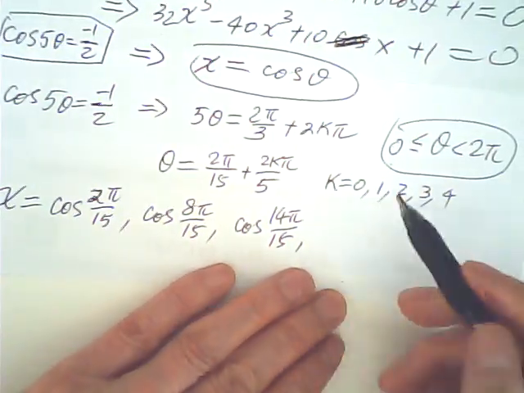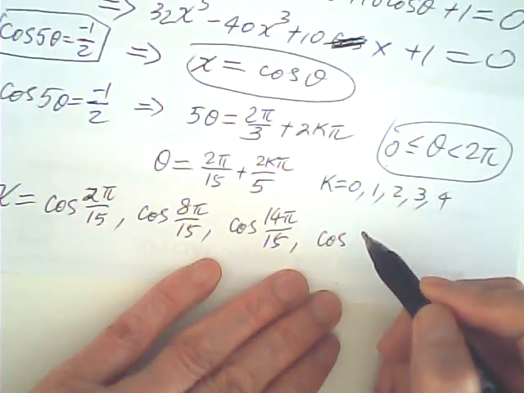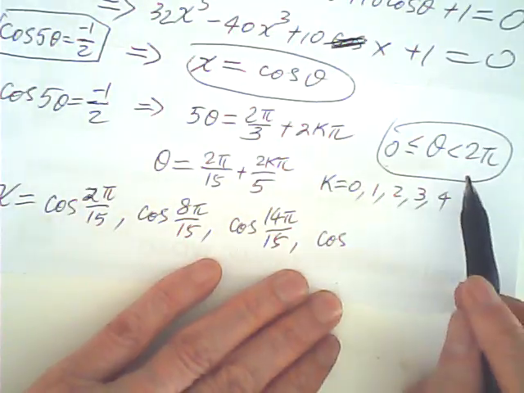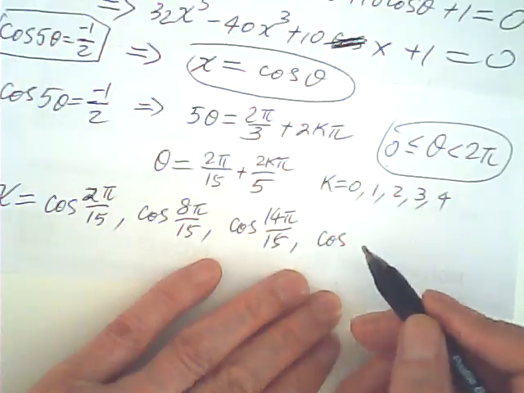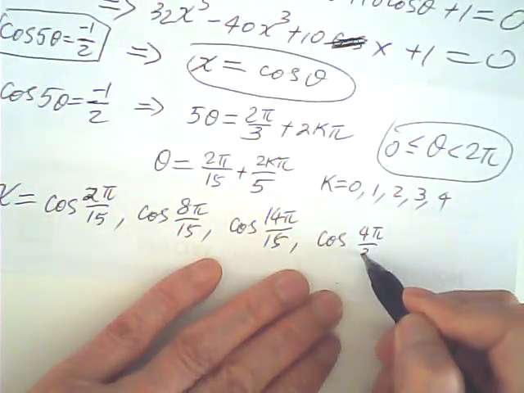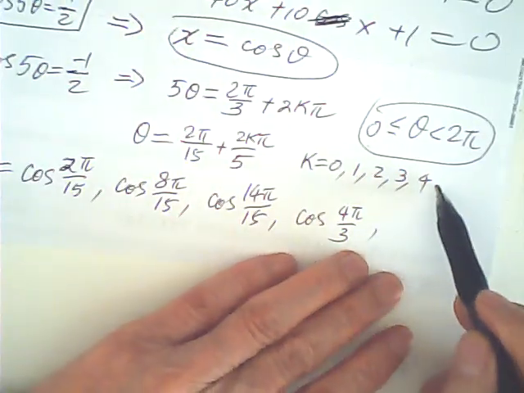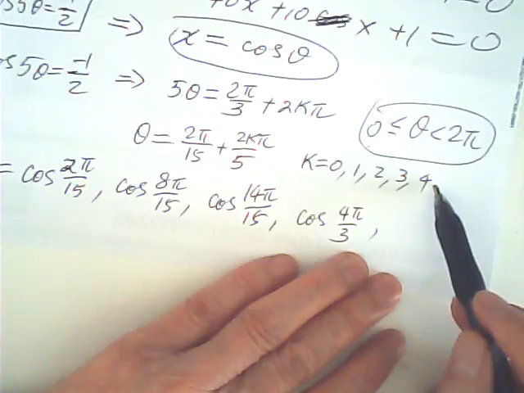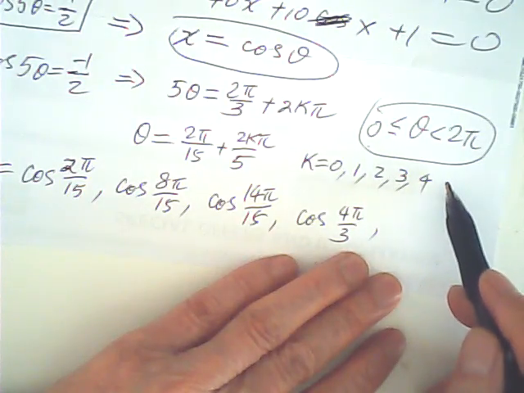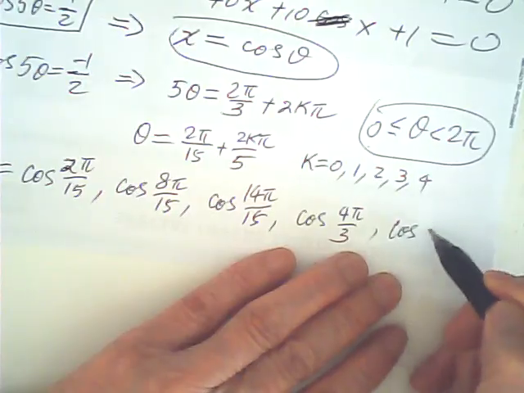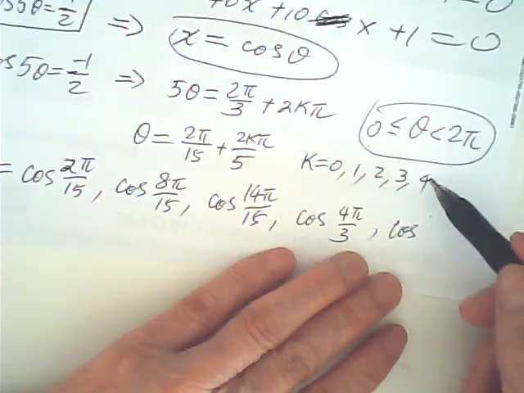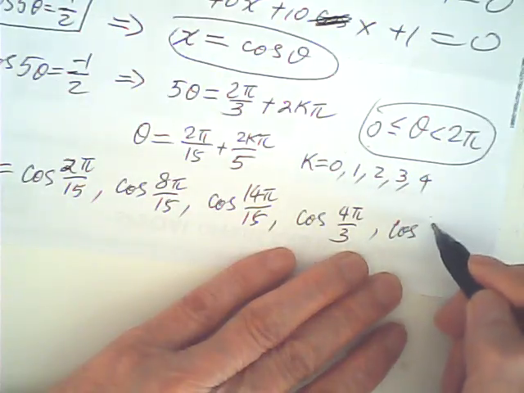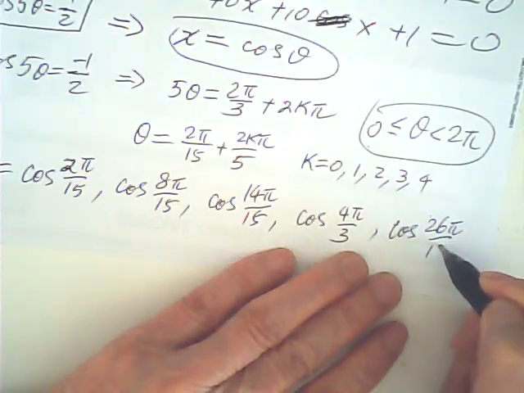When k equal to 3, it's cosine 20 pi over 15, and 20 over 15 is 4 over 3. When k equals 4, it is cosine 26 pi over 15.